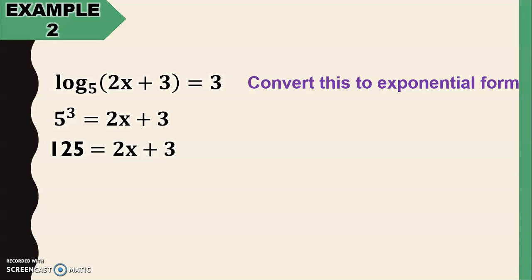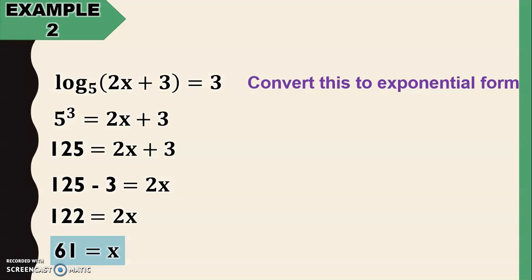Then let's transpose 3 to the other side. It becomes 125 minus 3 equals 2x. 125 minus 3 is 122 equals 2x. Then divide both sides by 2. So our answer is 61.